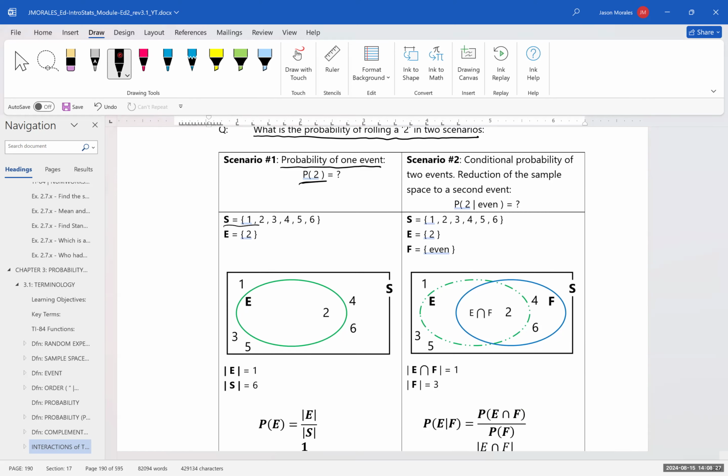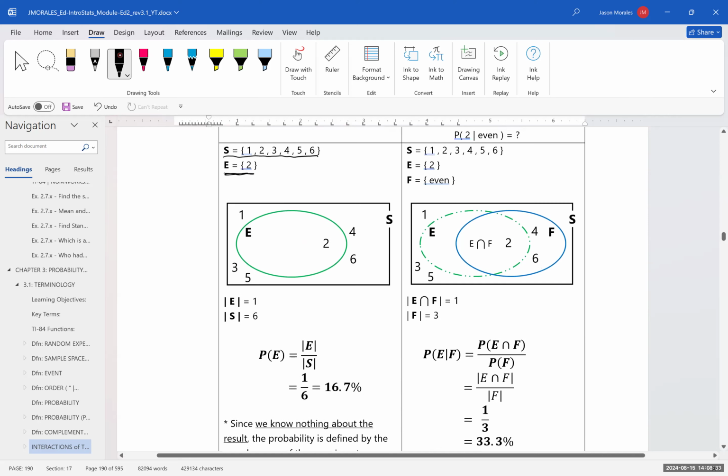So here the sample space for a six-sided die is 1 through 6. Our event is rolling a 2. So here is our Venn diagram. And the order of event E is just going to be 1, because there's only one element in that event. And the order of the sample space is 6, because that's how many possible outcomes we have with a six-sided die.